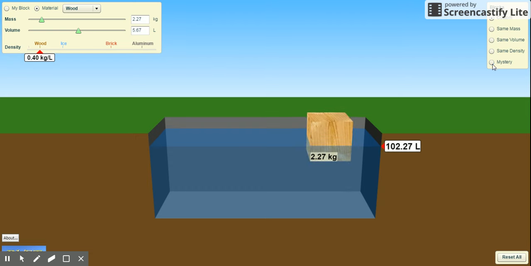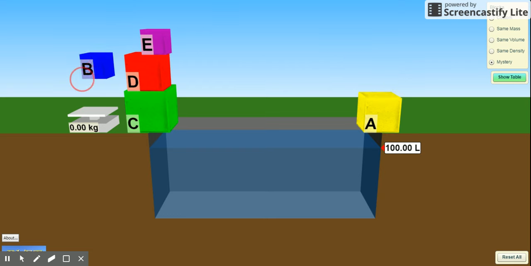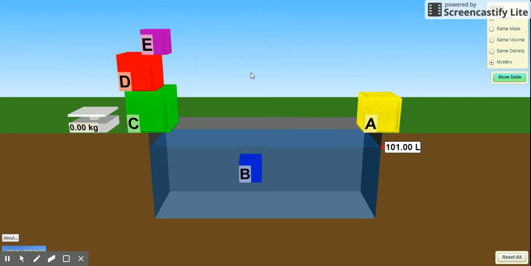That leads us to the final task, and this is what I want you to do today. I want you to play around with these blocks by throwing them on the scale, getting the mass, and then plopping them in the water, determining its volume.